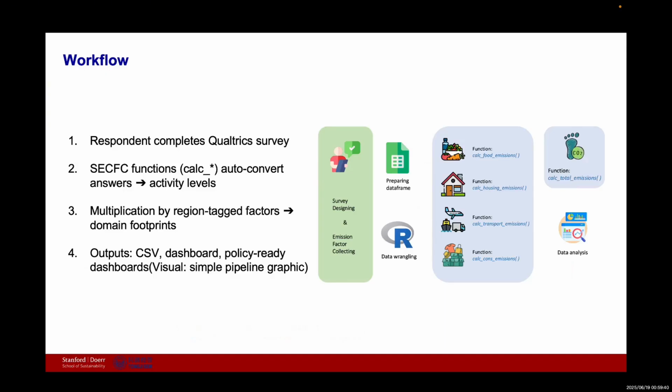The researcher can download it from our website, which is already available. In SECFC, we use functions to convert the survey to activity levels, finally landing in carbon emissions. You will get a very decent CSV as well as a dashboard to display the level of carbon emission associated with every activity.